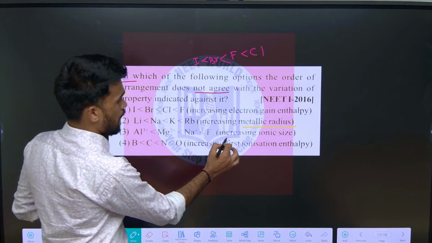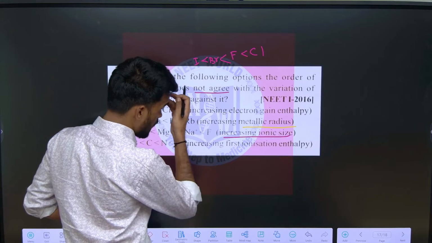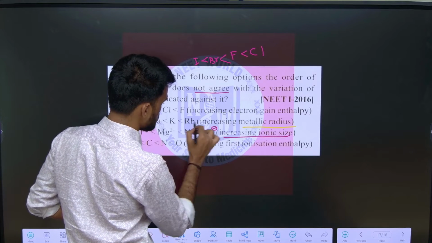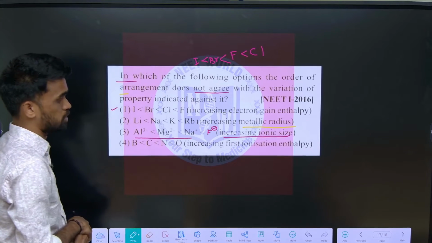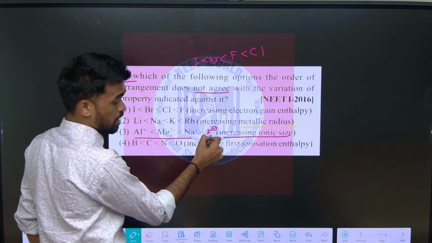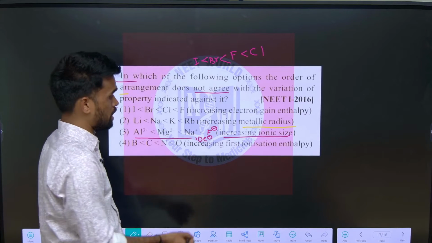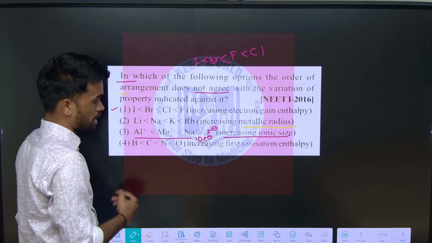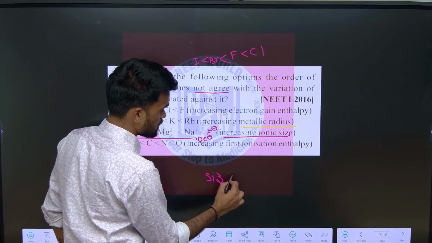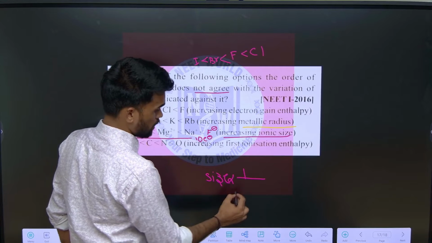Next, the increasing order of ionic size. See, here it is F minus, because all of them are isoelectronic species. We know anions have a larger size. When we have the same isoelectronic species, the anion will have a larger size than the cations. I already told you size is inversely proportional to nuclear charge.